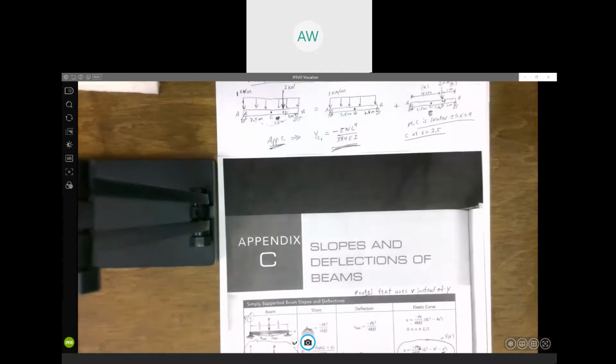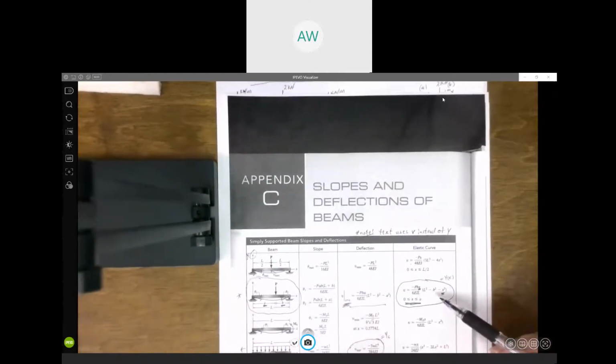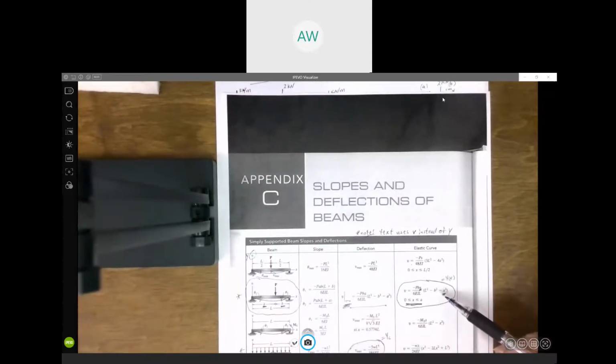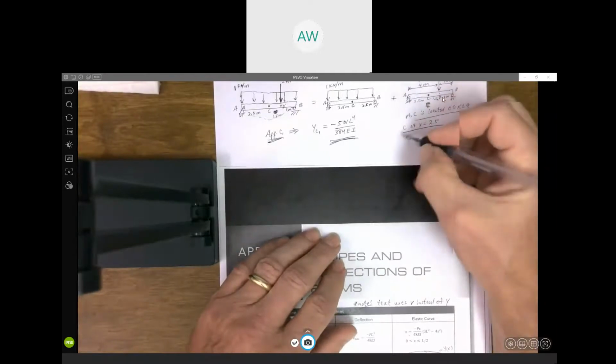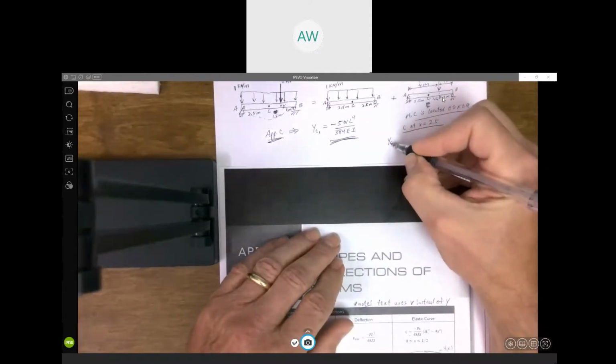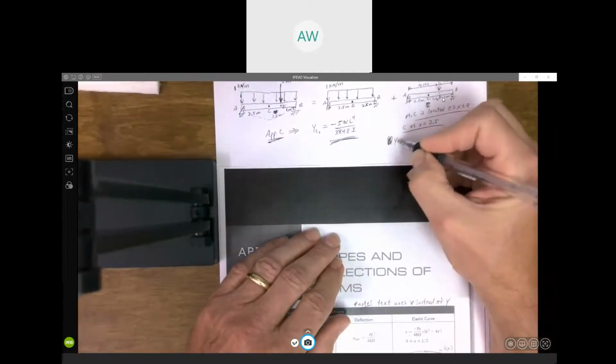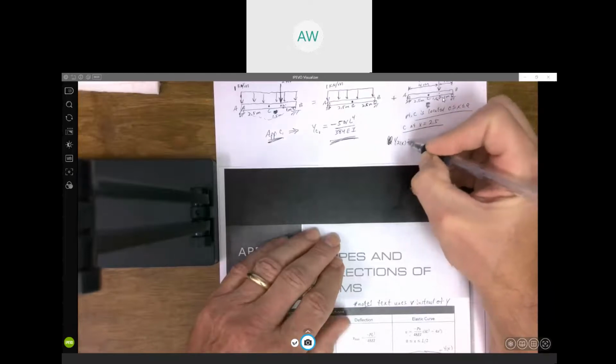So what we've got to do is take this formula and plug in x equals 2.5 to get the deflection at the center C. So I'm just going to write down the equation first. I'll call it y2 of x.